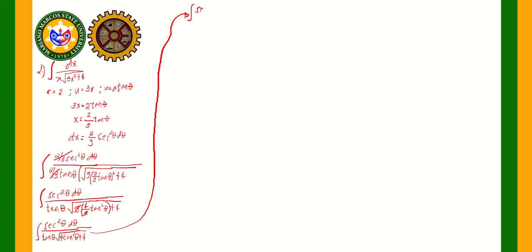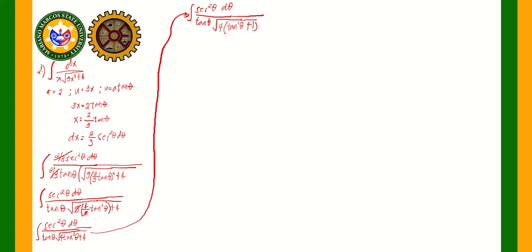this integral of secant squared theta d theta all over tangent theta. We can factor out si 4 since common sa kanila. So this will be equal to 4 times tangent squared theta plus 1. Okay. So, balik ulit tayo sa identities natin. Si tangent squared theta plus 1 can be substituted with, hanapin natin sa trigonometric identities natin.